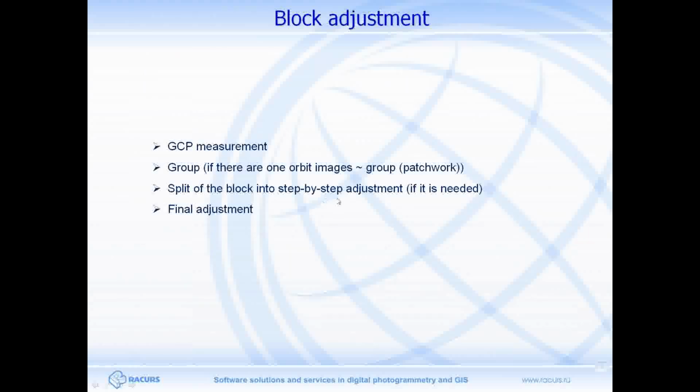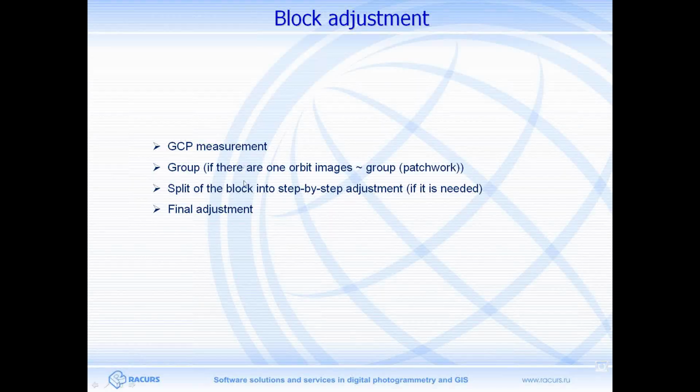The idea of step by step is when you have some images in the block, adjust them, and you want to keep the results of this adjustment when you add some new images in the block. So the previous ones will be in the correct position for sure. They don't change their positions in orthophoto, they don't change the exterior orientation parameters, and so on.